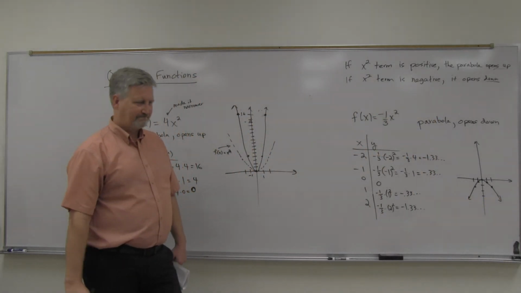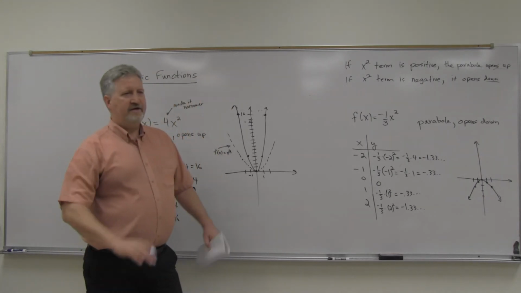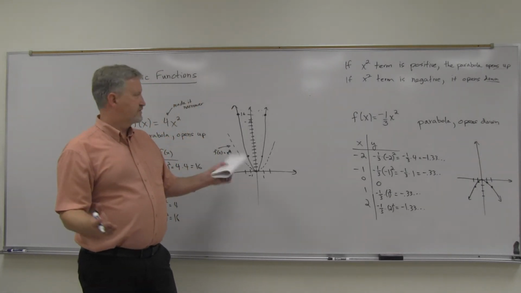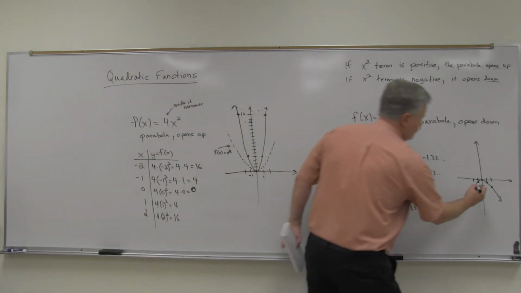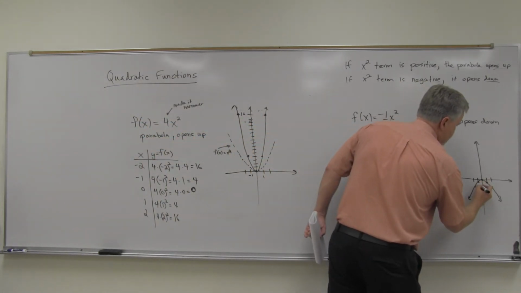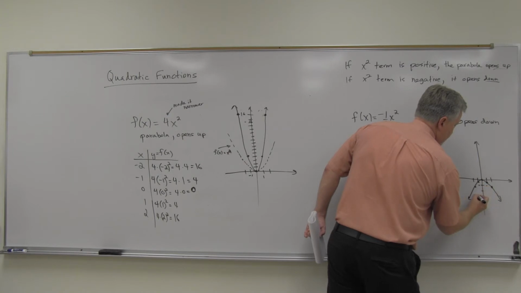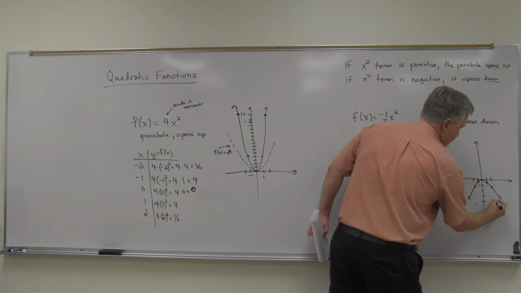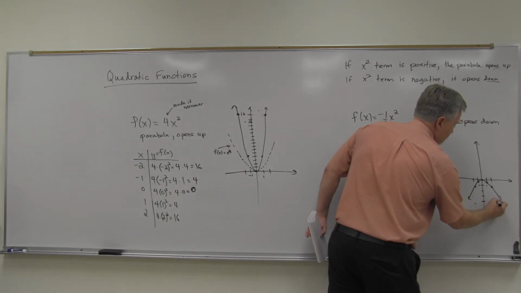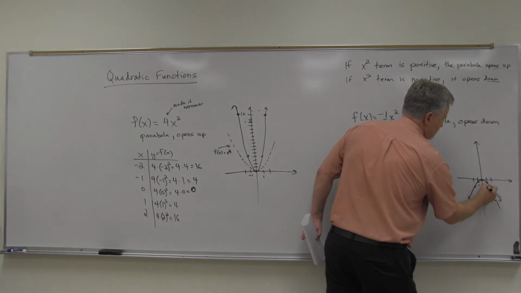Now, let's put in just f of x equals negative x squared, that's negative 1, negative 4 at positive 2, just for comparison here.